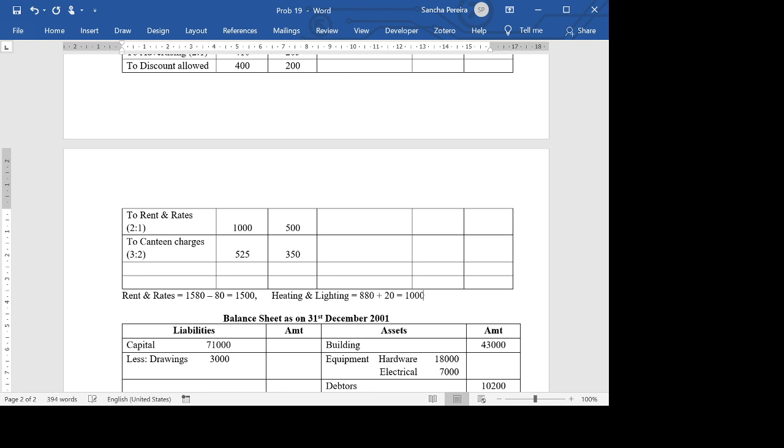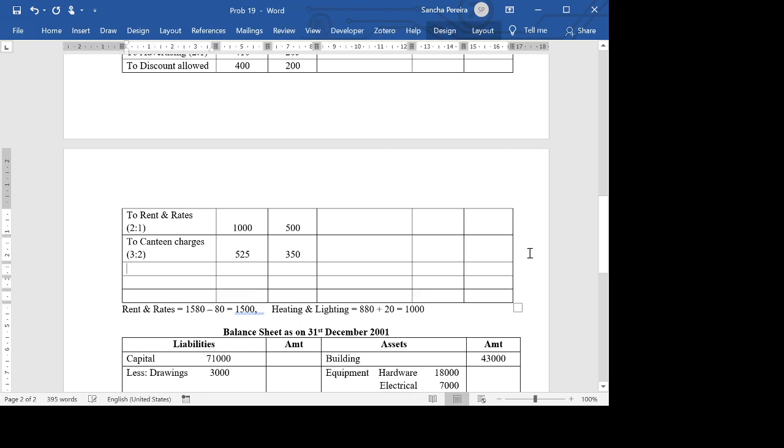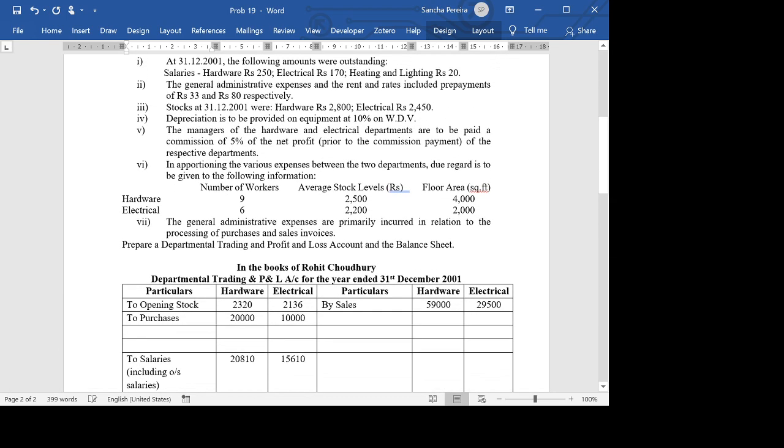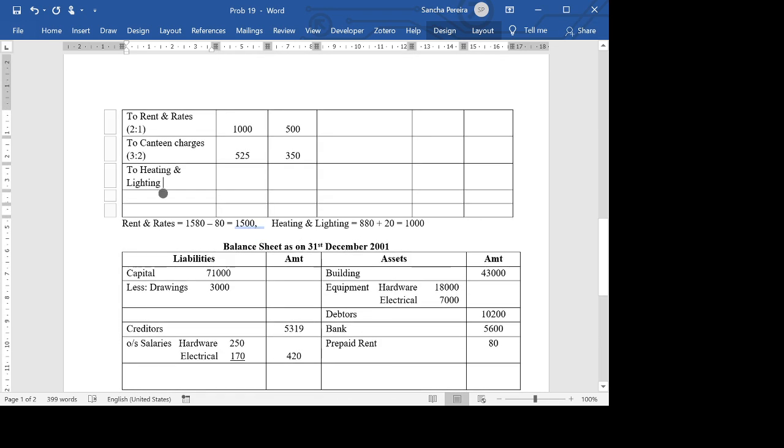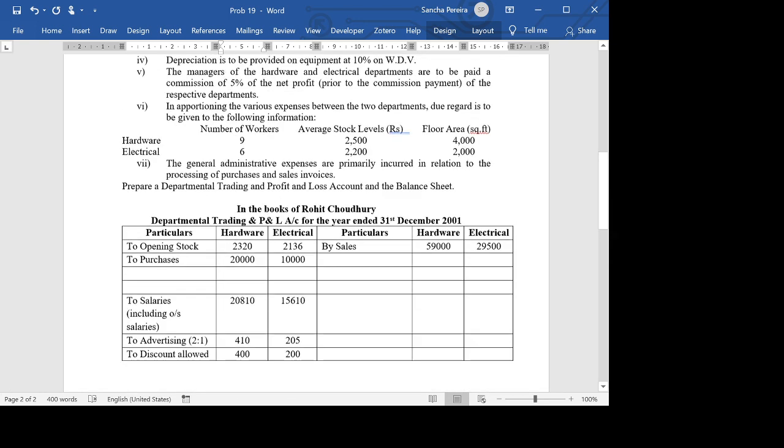Because 20 is outstanding. It's not prepaid. So when we are dividing heating and lighting, it has to be 1000 divided again based on floor space, and that would be 4000 is to 2000, which would be 2 is to 1.